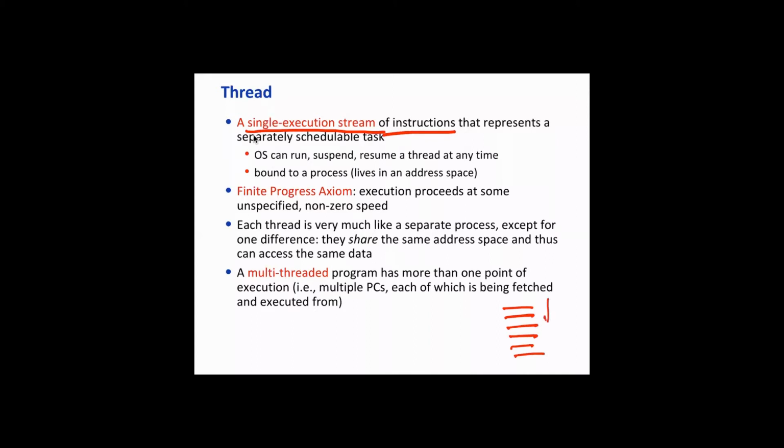When we say we are executing a program or process, we are executing them. Say this is instruction 1, instruction 2, instruction 3. This could be load word, store word, add, subtract, or something like JALR.